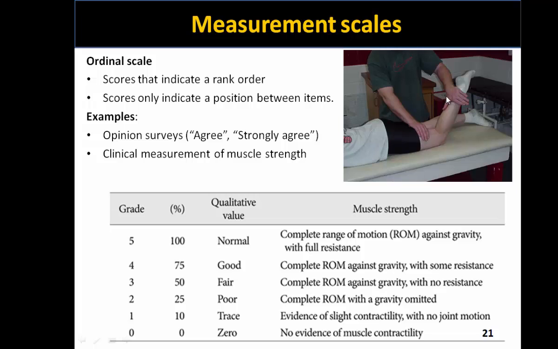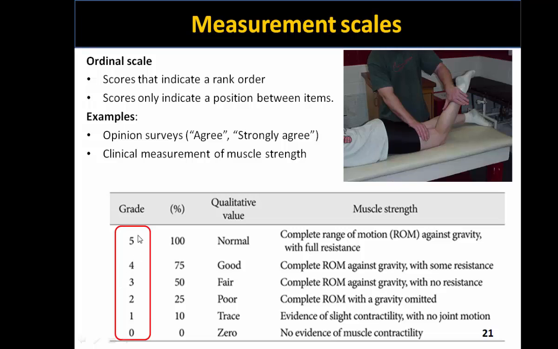Here we see a patient being tested for their leg strength by a physiotherapist, and the physiotherapist makes a subjective estimate based upon that manual resistance. Based upon their estimate, their subjective sense from their experience, they'll place the response along particular grades.